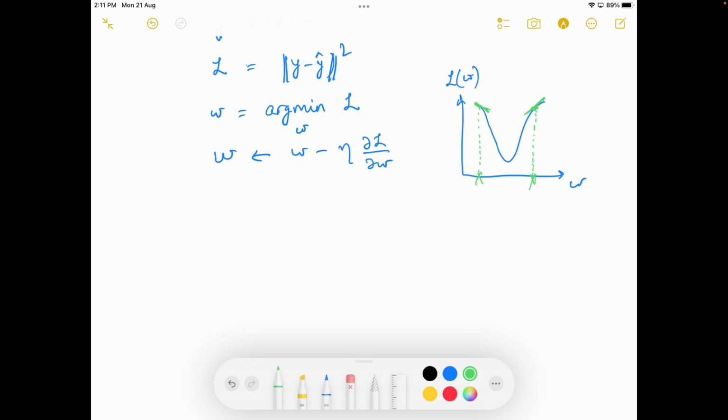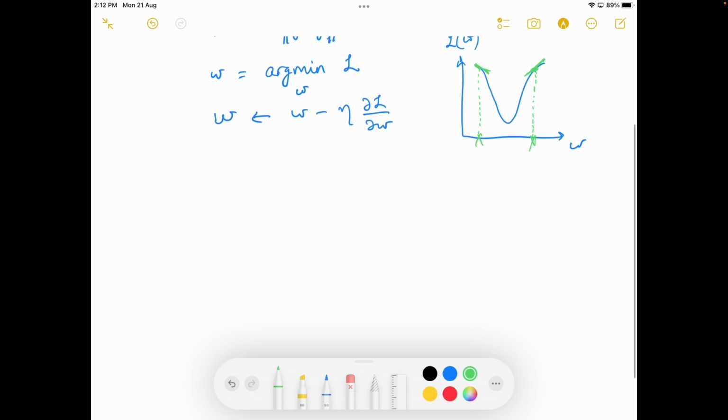If eta is 1 and my slope is large, W will just go out of screen. But if my eta is very small, let's say 0.001 or 0.01, then W will just move a little bit. Right? So eta controls the step size. It's called the step size basically, or the learning rate.